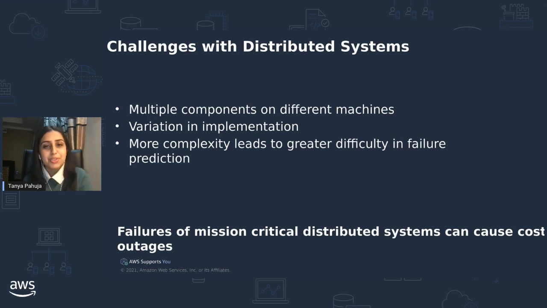As your distributed systems grow in complexity, so does the difficulty in predicting failures. The traditional methods of testing distributed systems using unit or integration testing are not sufficient. And the failures of mission-critical distributed systems can actually cause costly outages.